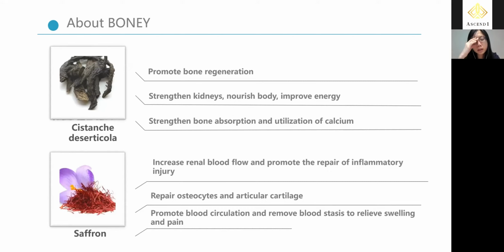The third main ingredient is the Substantia discerticola. This ingredient can enhance various indexes of the bone tissue, and it promotes bone regeneration as well. It nourishes the kidney and the bone and strengthens the yang without affecting the yin, because in TCM there is yin and yang, right?